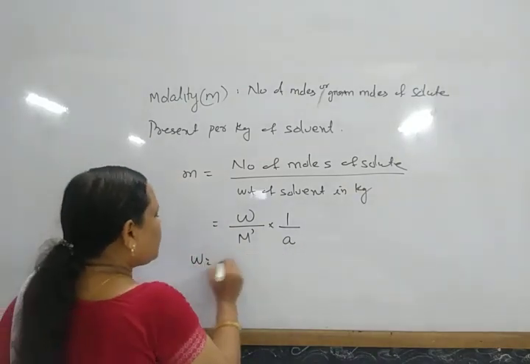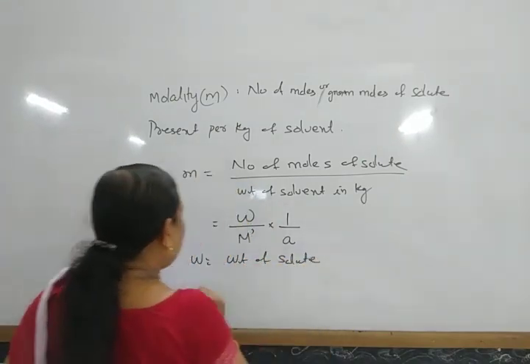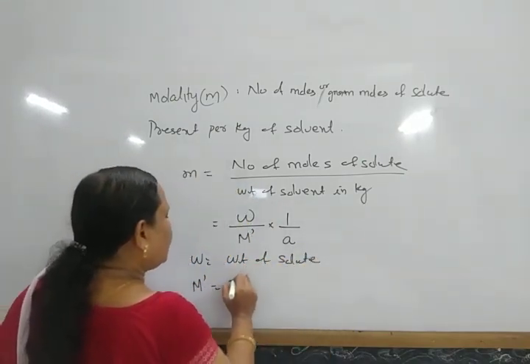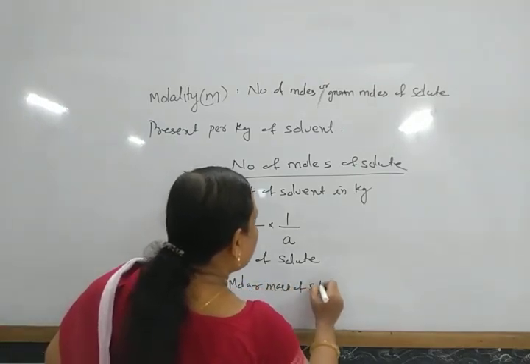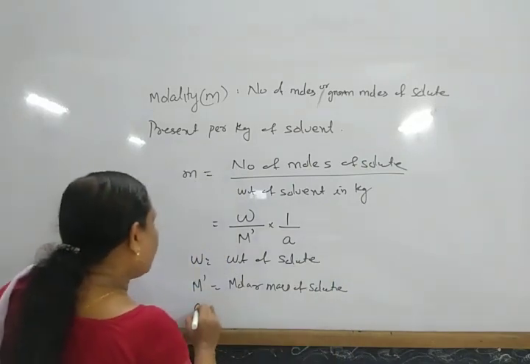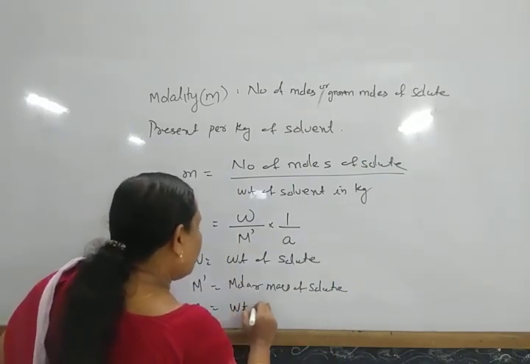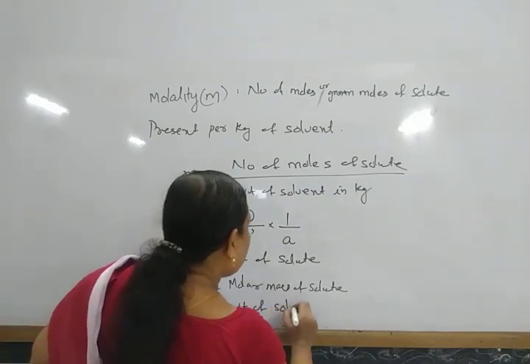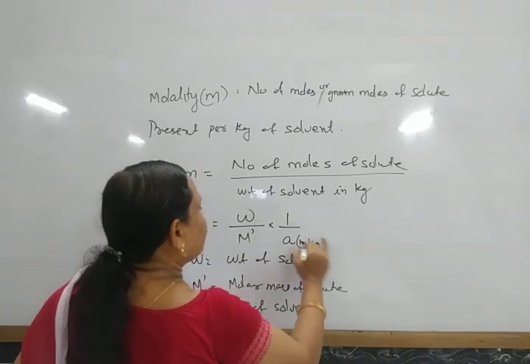What is W? W is weight of solute. What is M dash? That is molar mass of solute. And A is the weight of solvent when it is given in kg.